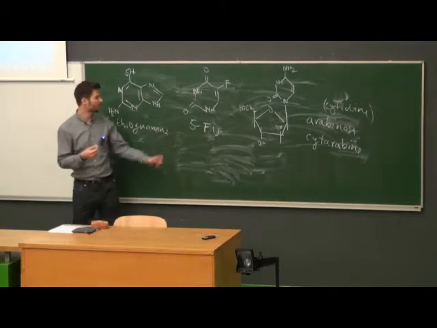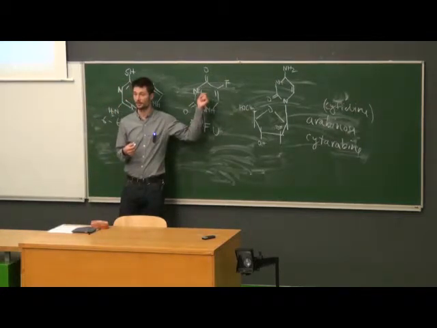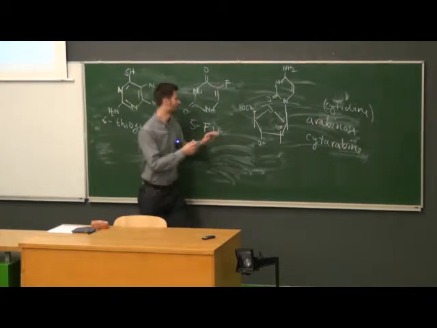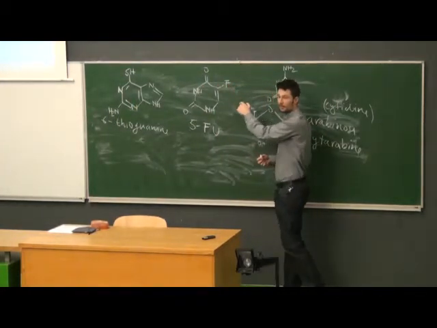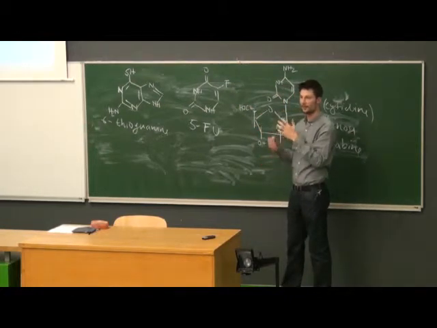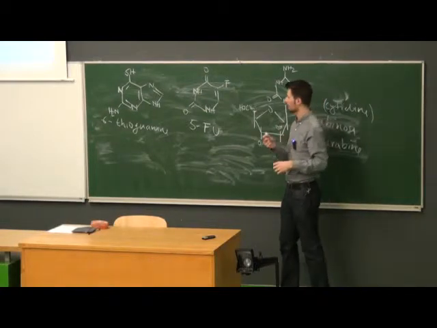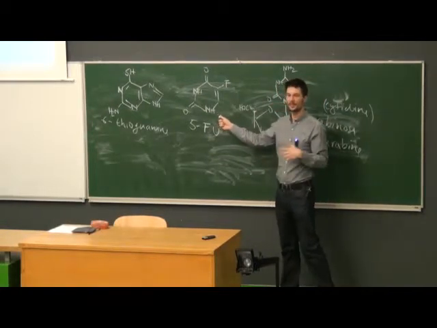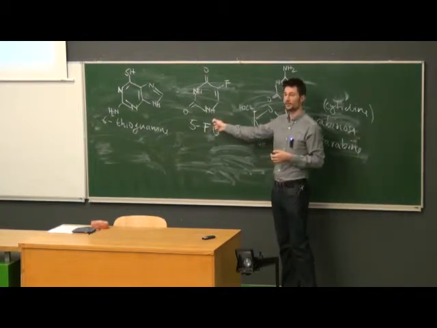Well, we just said that the difference between uracil and thymine is just a methyl group. Is that right? This is uracil, and if this was CH3, it would be thymine. So thymine is made by methylation of uracil. Now, what if this enzyme called thymine synthetase will take 5-fluorouracil instead of uracil, and try to methylate it?